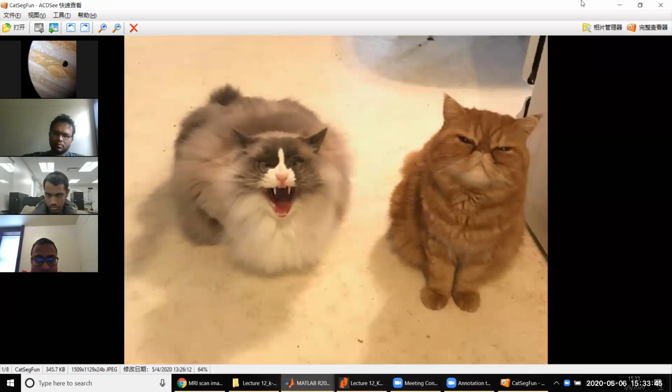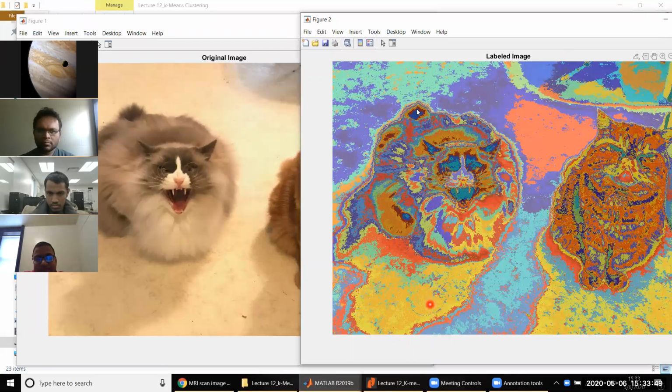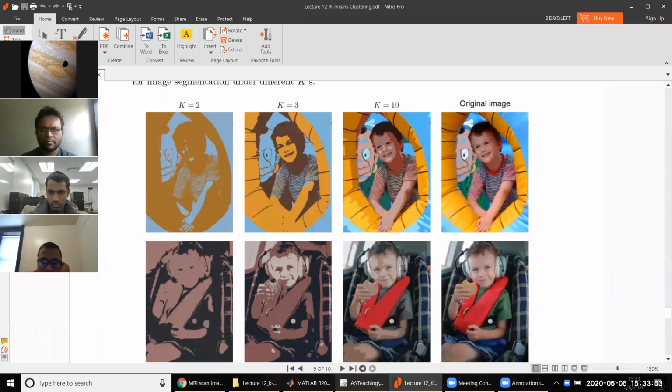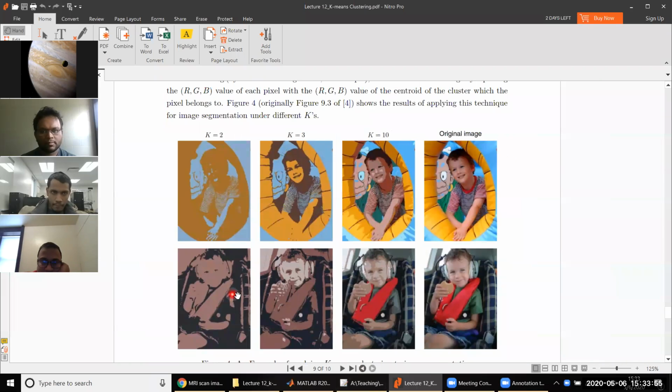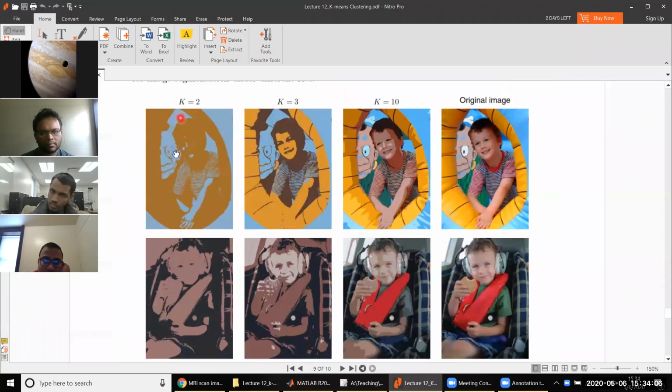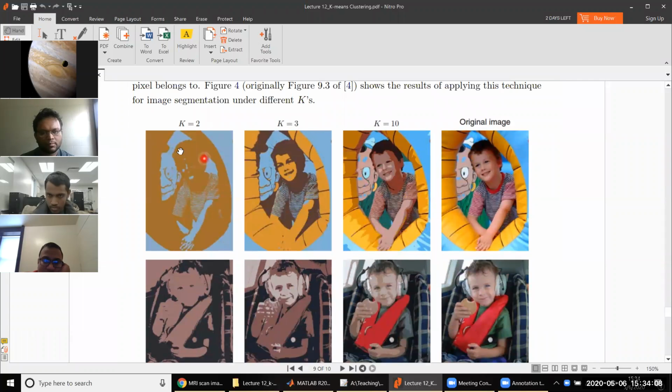Okay, anyway, this is just a conceptual indication of the applications of K-means clustering. So this is something like image segmentation. Let's still go back to this example, where bigger K is better. For example, here you can clearly see parts of the K-means clustering.